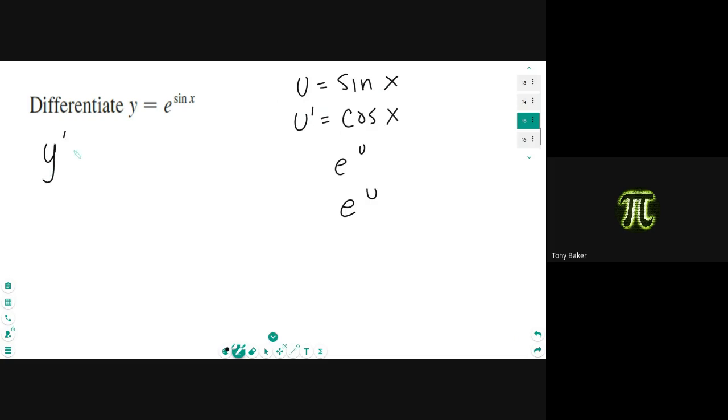So y prime is u prime, so it's cosine of x, times e to the sine of x. And I'm done. Okay. So that's the key. Pick out the piece that would be annoying. Pick out the piece that's causing the problem to be more complicated than it has to be. Make that your u, and then follow through your process.